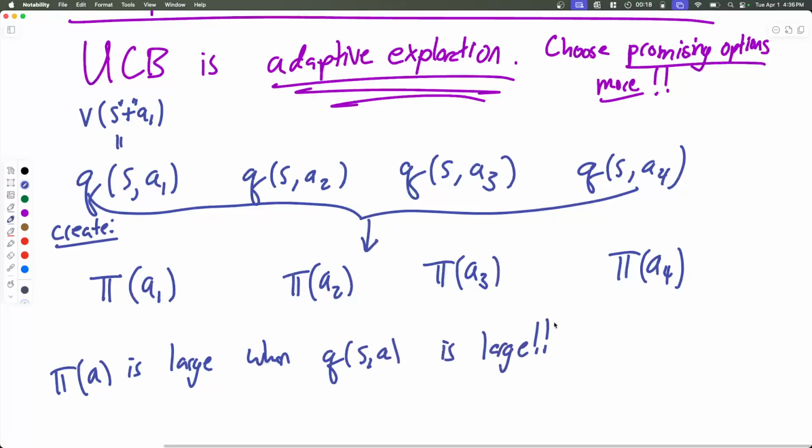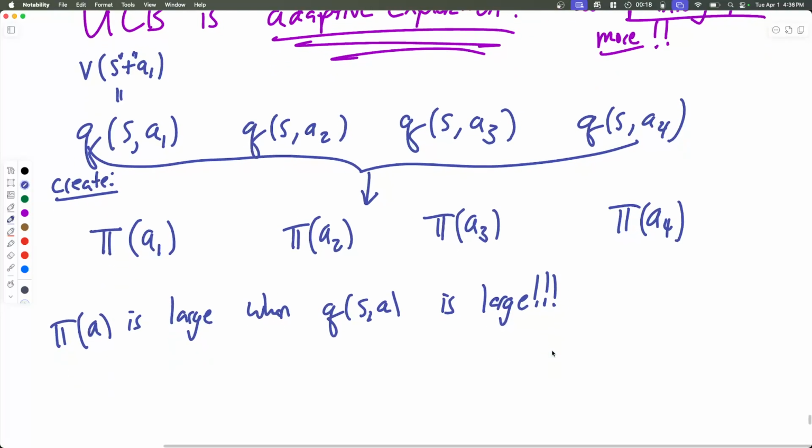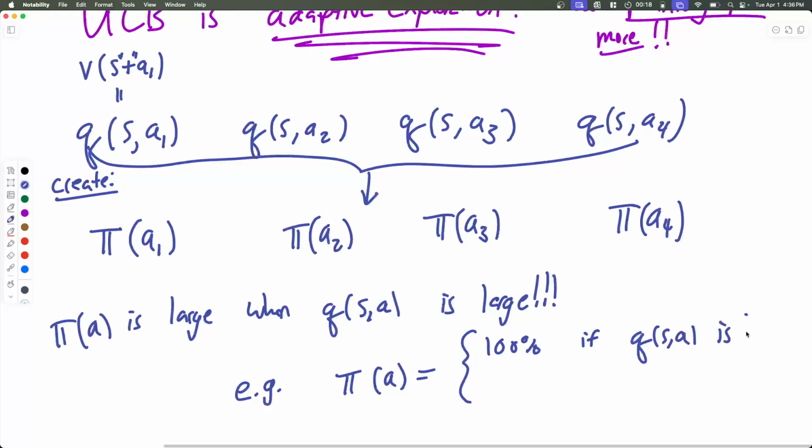One example that we've been doing the whole time: you can say pi of A equals 100% if Q of S,A is the largest, and 0% otherwise. And that's what we've been doing so far. We're saying if you go greedy, you pick the largest one 100% of the time, and you pick one of the other ones 0% of the time. This is the pure greedy.